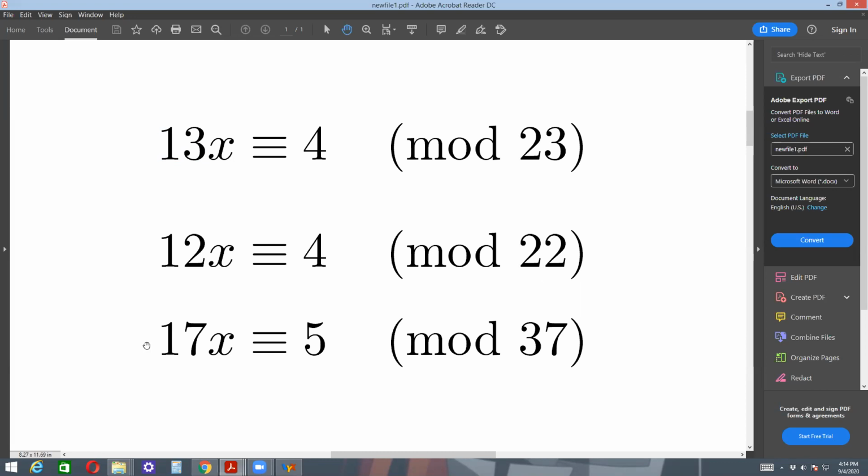So you'll get minus 39x is congruent to 130. So minus 2x is congruent to 130. And then you divide by 2, because 2 and 37 are relatively prime. So you get minus x is congruent to 65. So x is congruent to minus 65.